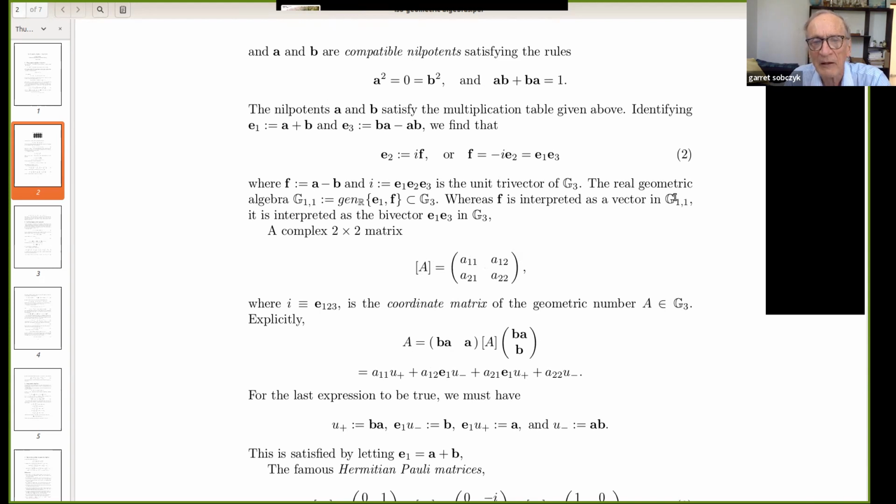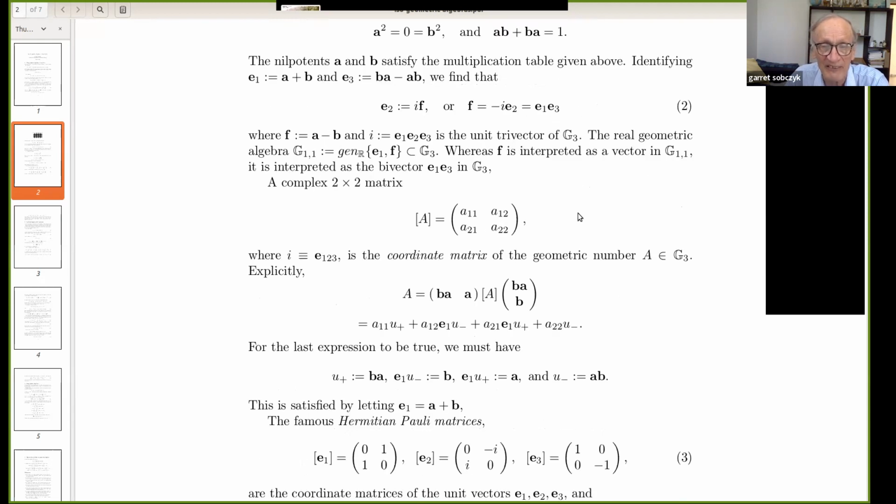But if you let these be complex numbers, namely where I is again equal to E1 times E2 times E3, then you get the geometric algebra G3. So you can see really the only difference between the algebras G3 and G11 is the interpretation of the various elements.